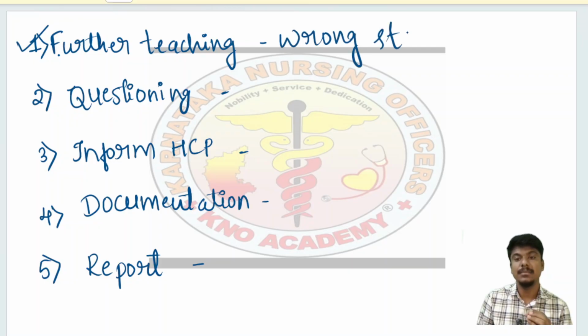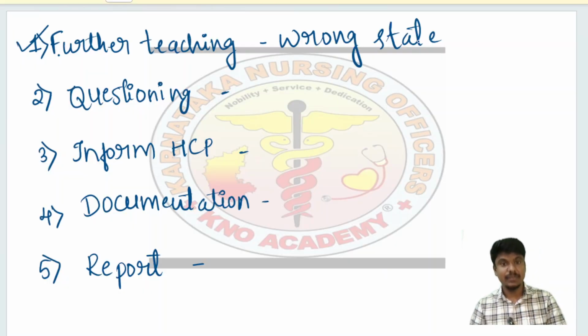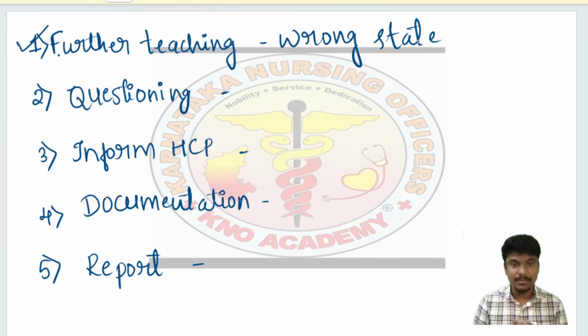When you're discharging the patient from the hospital, or educating the patient, and the patient or a healthcare professional states a wrong statement, that time you should teach further. If the patient says a wrong statement, that patient requires further teaching.